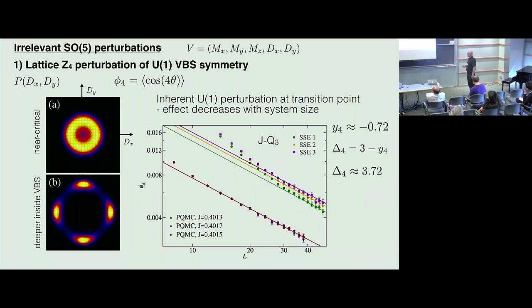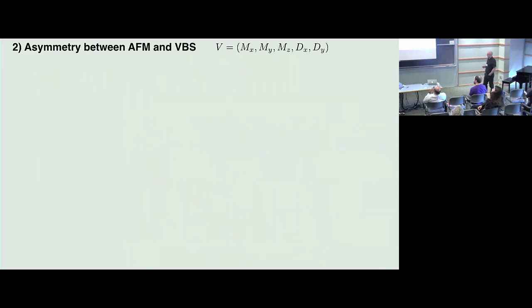Okay, so that was the part where the lattice is perturbing the VBS. Now it's not so clear how that perturbs the other components of SO5. Of course, we always have an SO3 exactly for the Néel order, but the cross correlations, let's say.